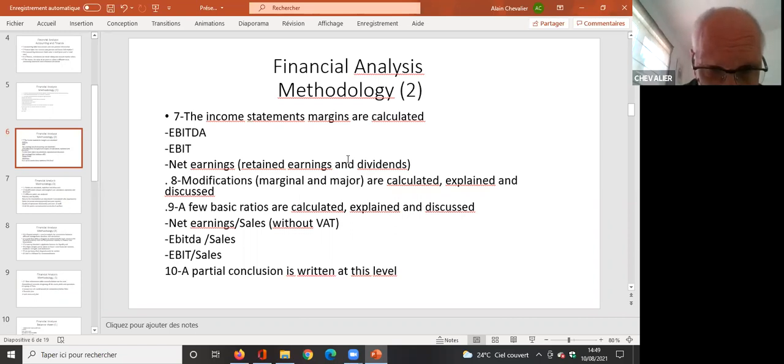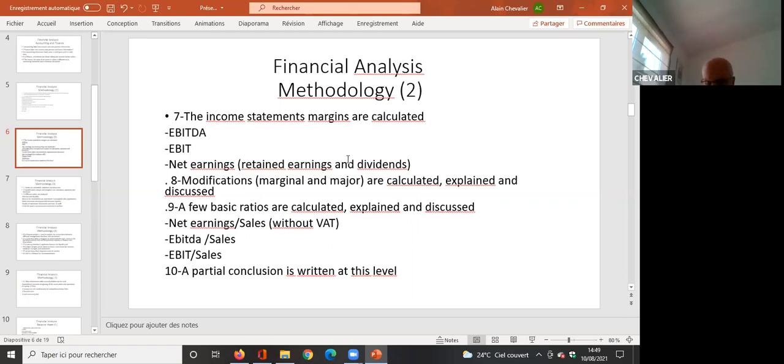Point 8, you calculate, explain, and discuss the modifications of these margins. This is a central point of the diagnosis. It is clear that a firm with regular recurrent increase of these 3 margins is on a positive track.